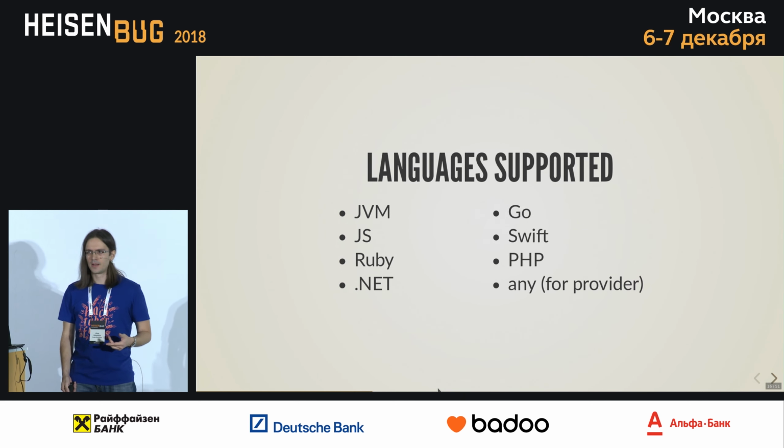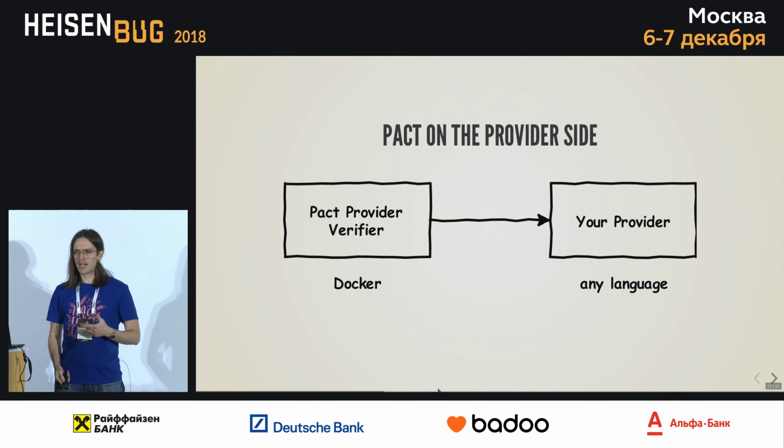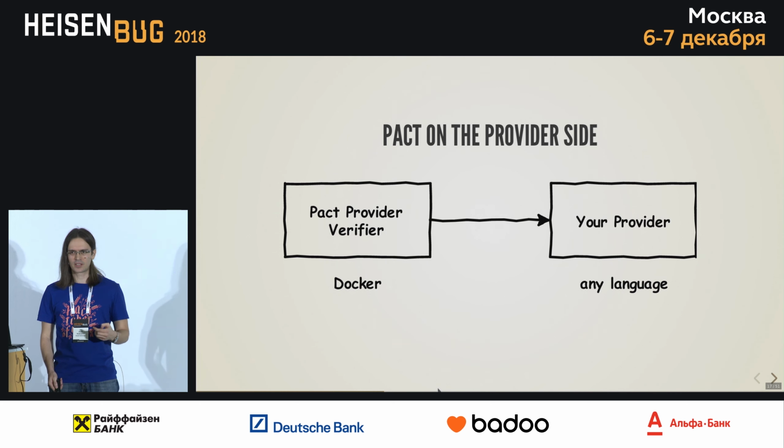How is it possible? If you remember how we implemented the contract test on the provider side, we weren't writing anything, we were just making sure our service works on a pod. So Pact creators have a Docker image that can read the contract, and it will fire requests in the way defined in the contract on our service.